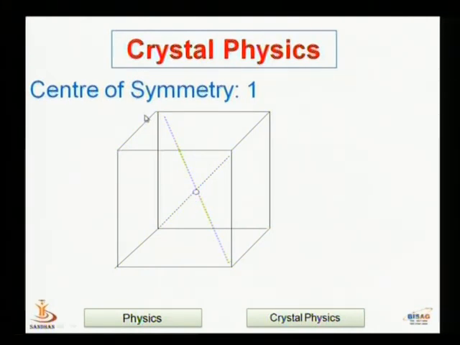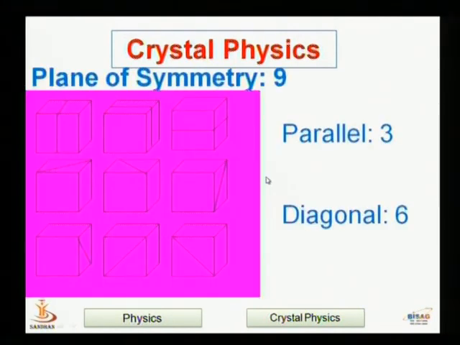If we arrange atoms at every corner point and take the inversion of an atom via this center, then we come to the lower side. Similarly, if there is one atom over this corner and we take the inversion through the center, we come to this point on the lower side. So the cubic crystal system possesses one center of symmetry. This is because of the definite arrangement of faces and edges.